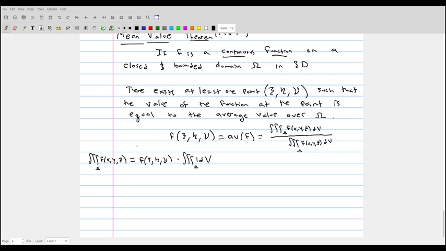bounded domain, this function will have a maximum and a minimum value.